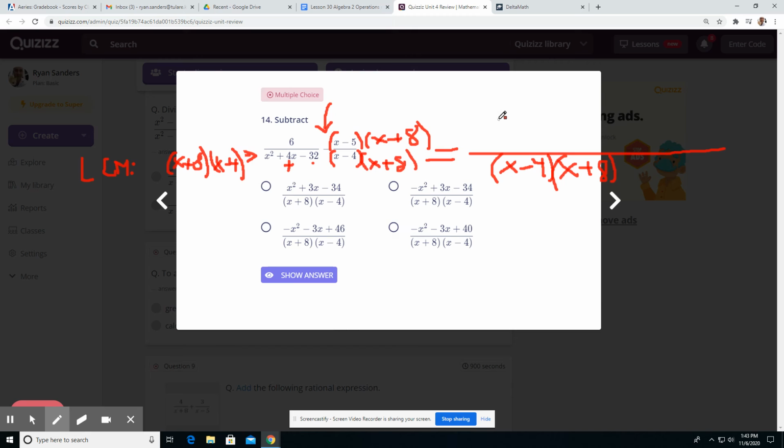On the top, there's that 6. And there's no easy way. Well, there are some tricks I could do with that negative sign, but I don't want to make it any more complicated than I need to. So let's just go ahead and do the negative, and then I have to multiply all of this out, and then I'll distribute the negative. So x minus 5 times x plus 8. I'm going to go ahead and just do my shortcut at this time.